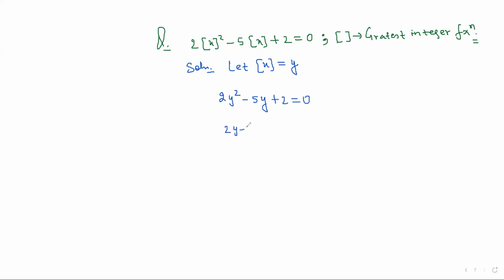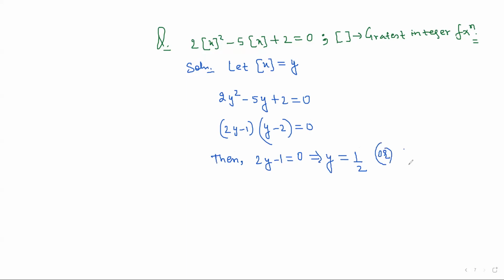So just factorize: 2y minus 1 into y minus 2 is equal to 0. Then 2y minus 1 is equal to 0, so y is equal to 1 by 2, or y minus 2 is equal to 0, so y is equal to 2.